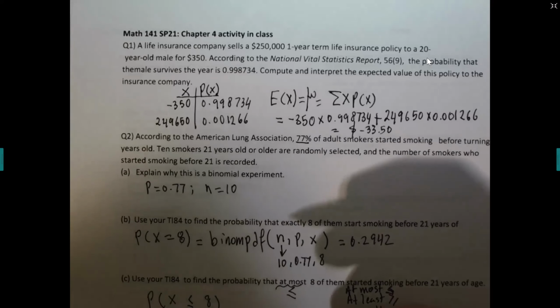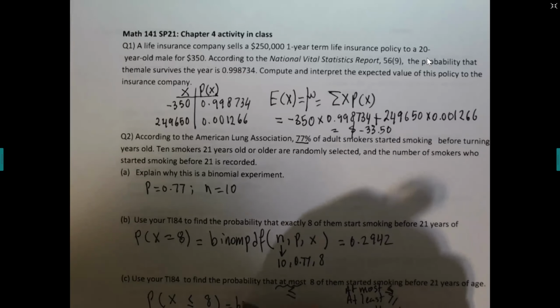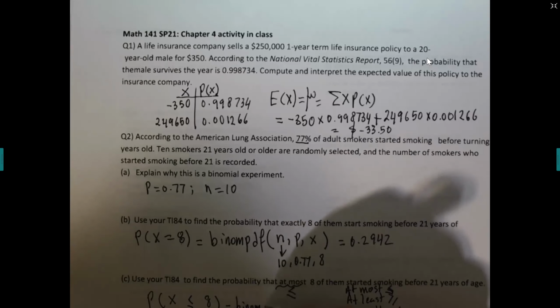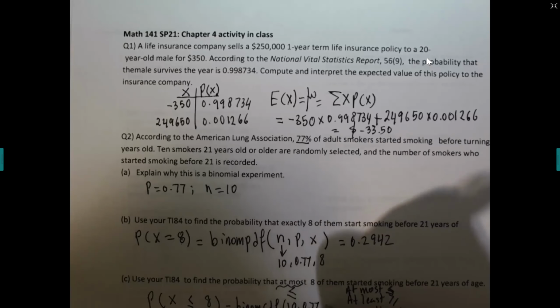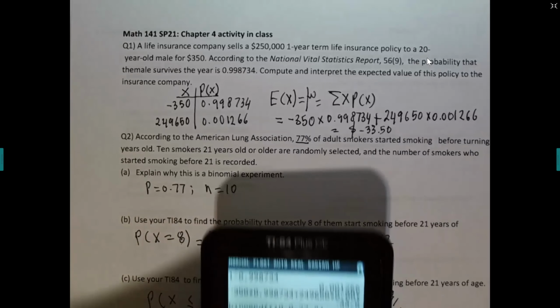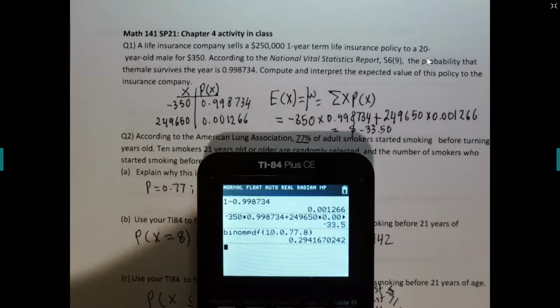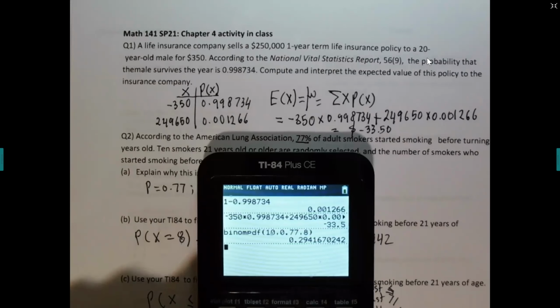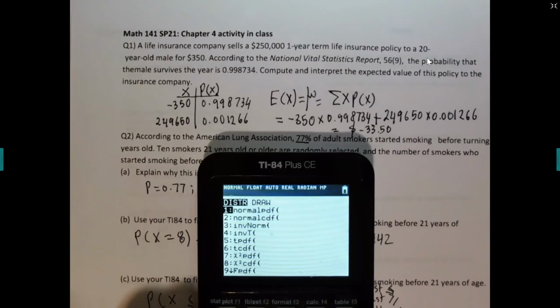And remember what I said about at most. It's binomial CDF for at most. And you put N, which is 10, 0.77, and then 8. It's going to be a lot larger than this one, because at most 8 means 8 or 7 or 6 or 5 or 4 or 3 or 2 or 1 or 0.